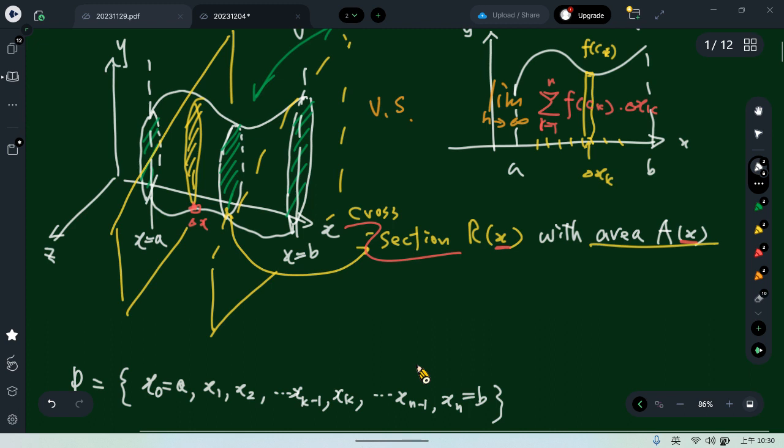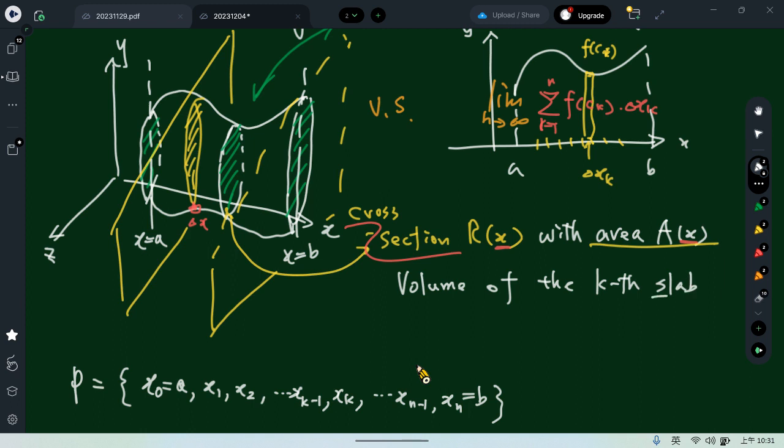So the volume of the K slab. What is the K slab? The K slab means the cross section. Just like this, this is the K piece, the K slab of a 3D object.